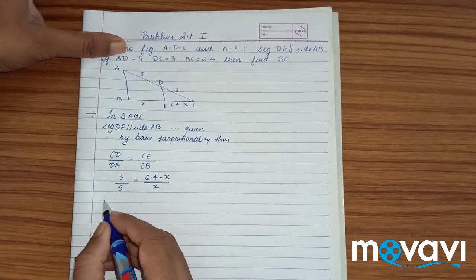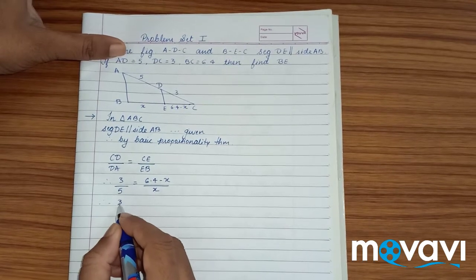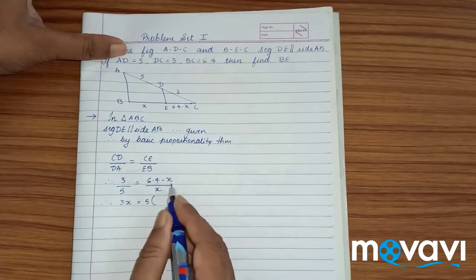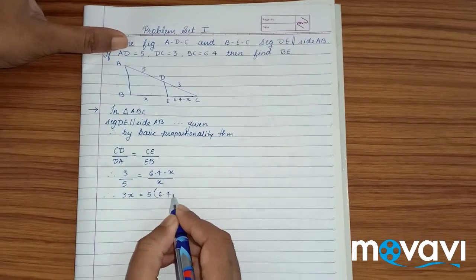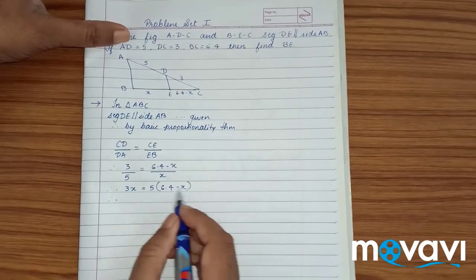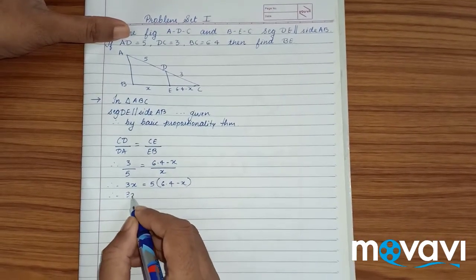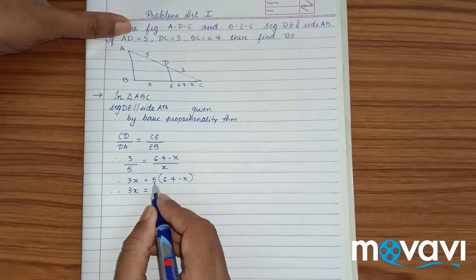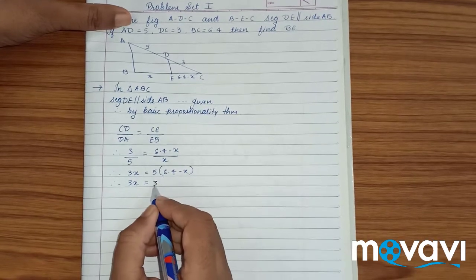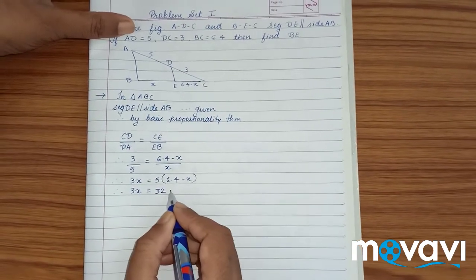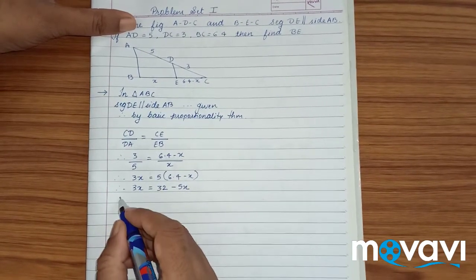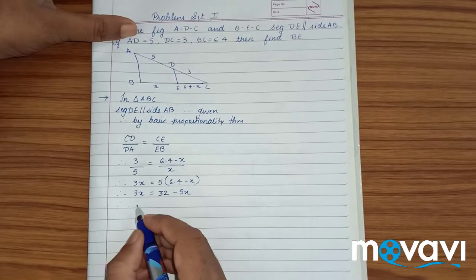Okay. So now let's cross multiply and see. We get 3X is equal to 5 into this whole thing. So we'll put it in bracket, 6.4 minus X. Okay. Now let's remove this bracket by multiplying 5 throughout the bracket. 3X is equal to 5 into 6.4 gives you 32 minus this will be 5X. Now all the X terms on one side.